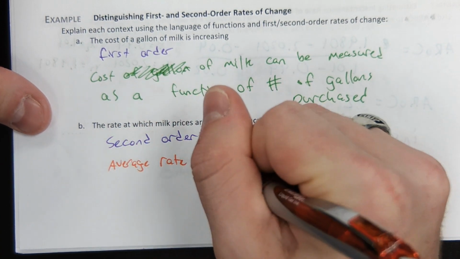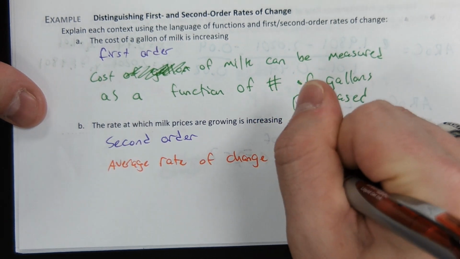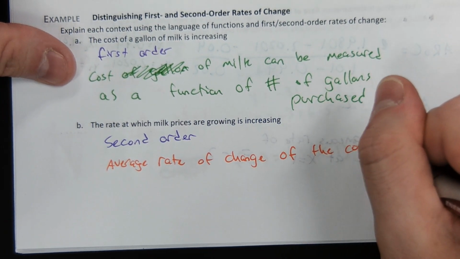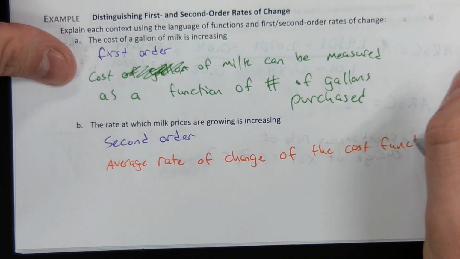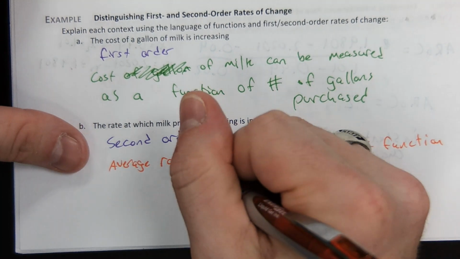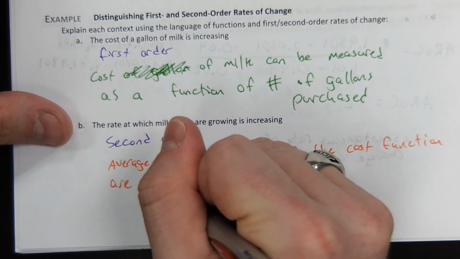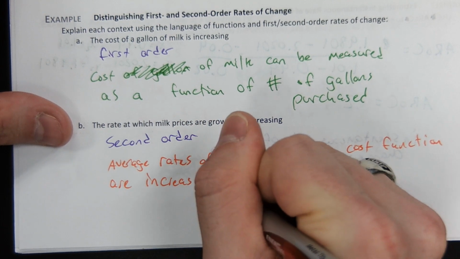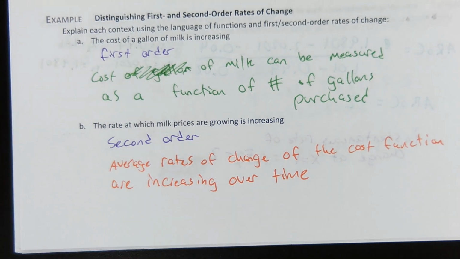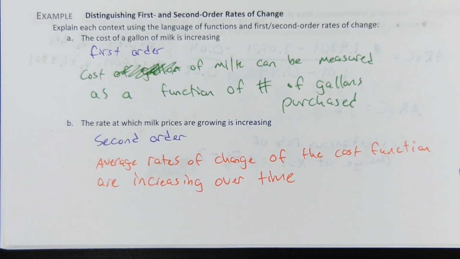So average rate of change of the cost function that we just mentioned in green. How about average rates of change of the cost function are increasing over time. So now we're making a new function where we plot slopes versus time.